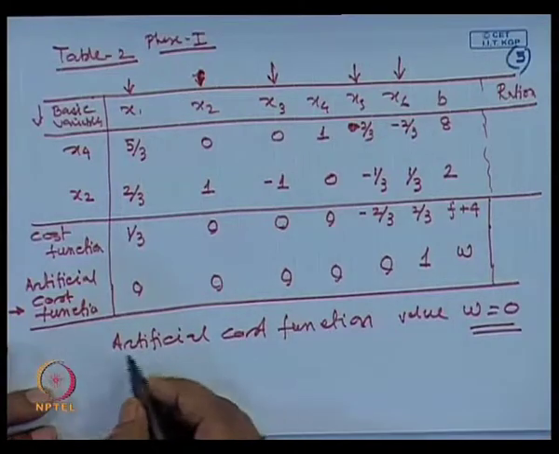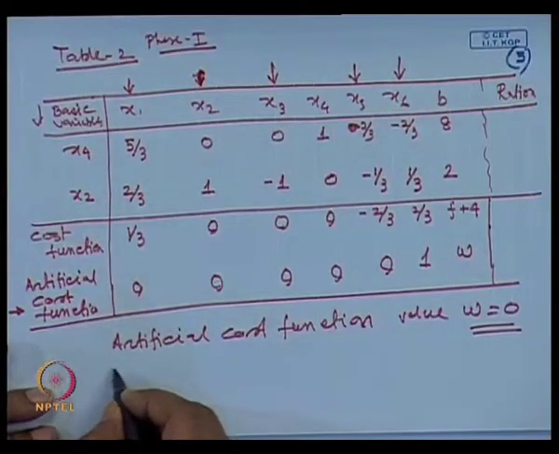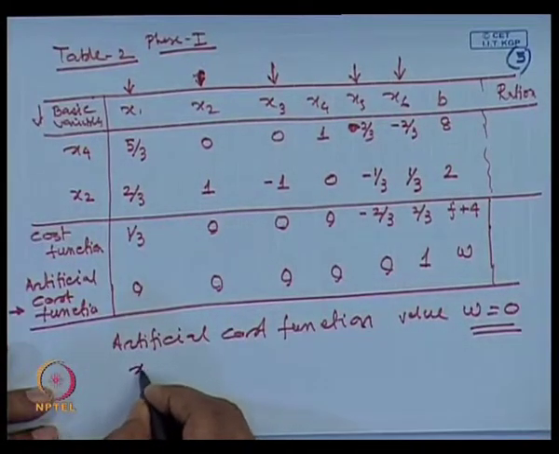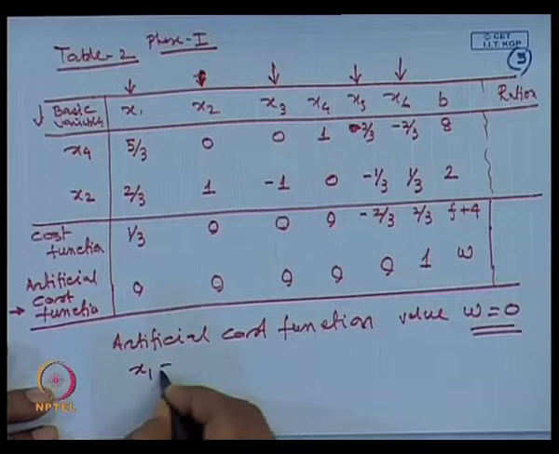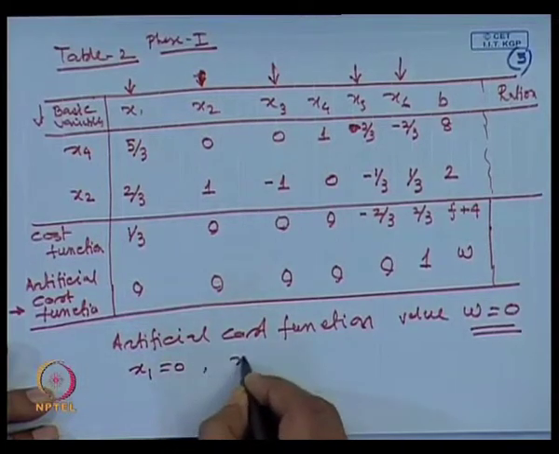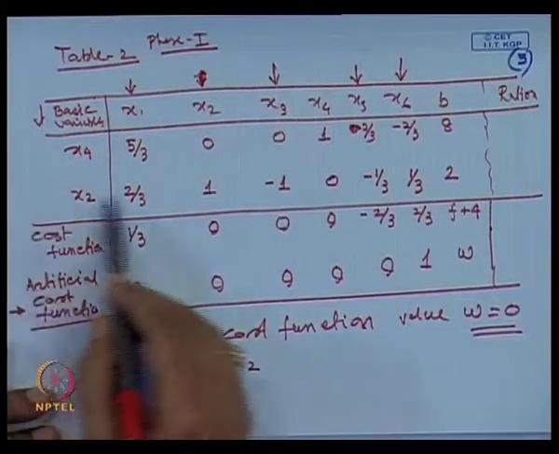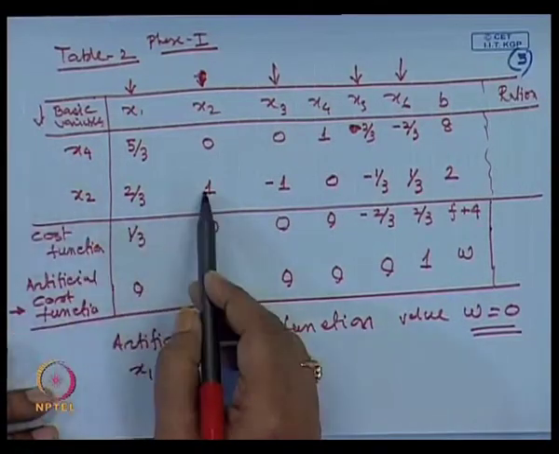So at this stage from table 2 we can find that x1 is our non-basic variable, 0, and x2 is our basic variable, whose value is 2.